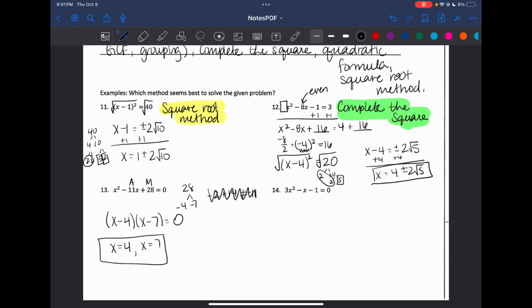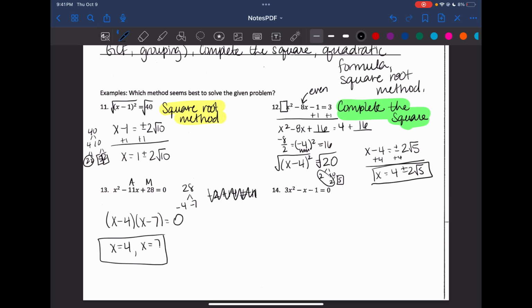Now for number 14, in the past we said, well, if the number in front is not 1, we've got to try to see if we can factor out a GCF. So I'm looking at number 14 and I see a 3, a negative 1, and a negative 1. Well, none of those have a GCF together, so I can't pull out a GCF.